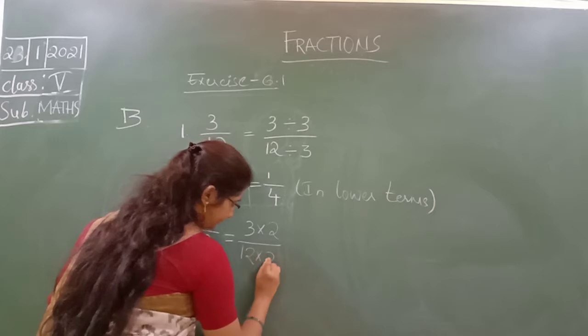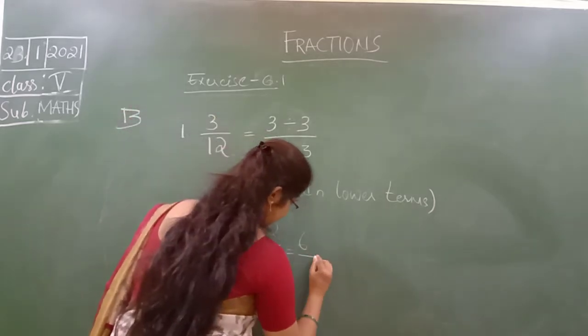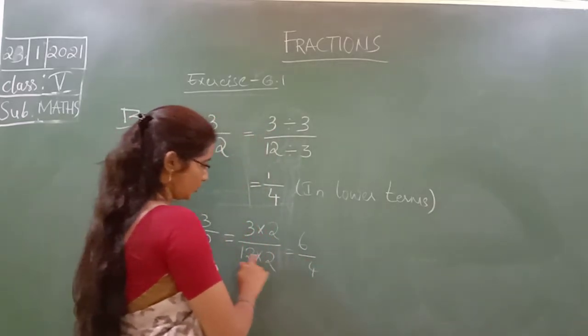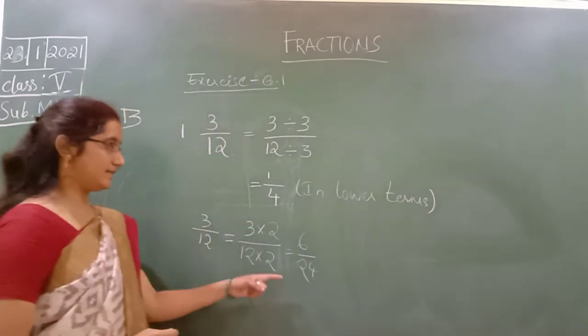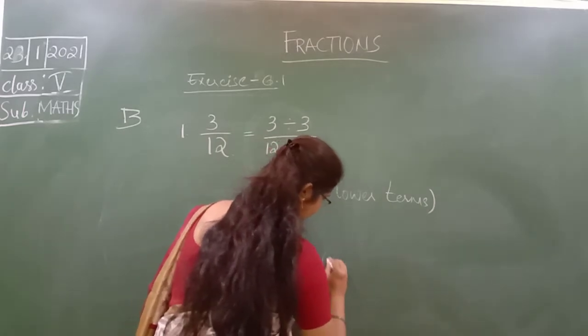12 into 2. 3 2s are 6. 2 2s are 4. 2 1s are 2. 24. This is in the higher term.